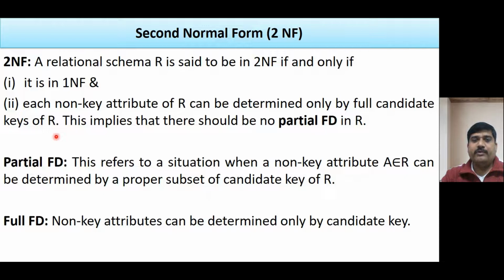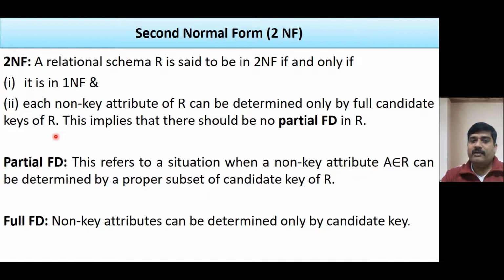Non-key attributes should not be dependent on part of a candidate key, or we can say that there should not be any partial FD in R. If there is no partial FD in R, then that relation or table is in second normal form.